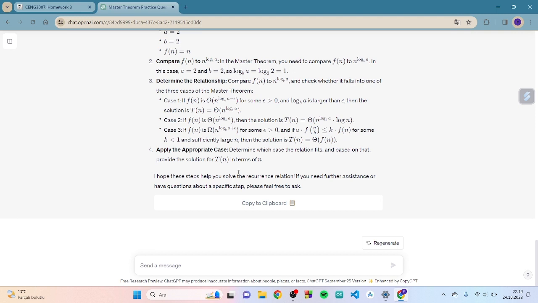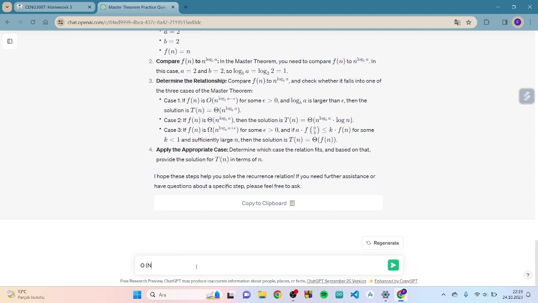I know this one. According to the master theorem, the solution for the given recurrence relation is O(n log n). Actually, I said this one.